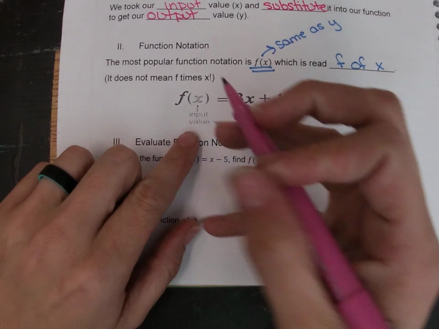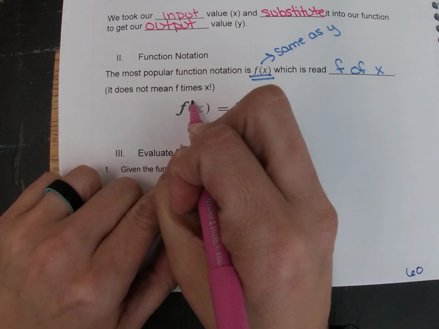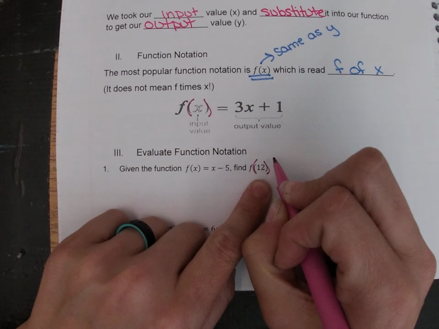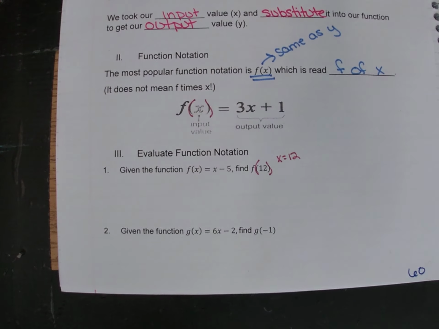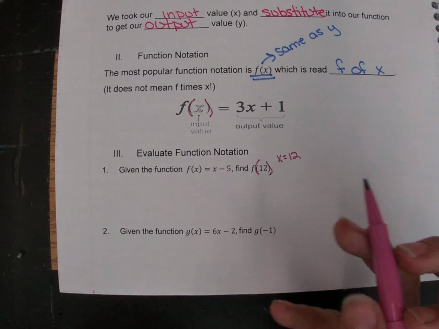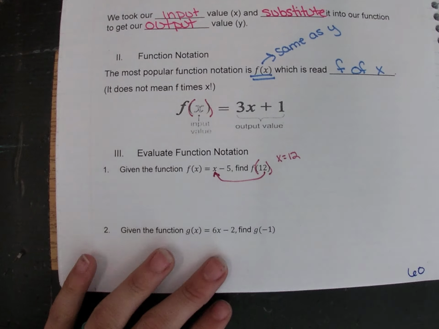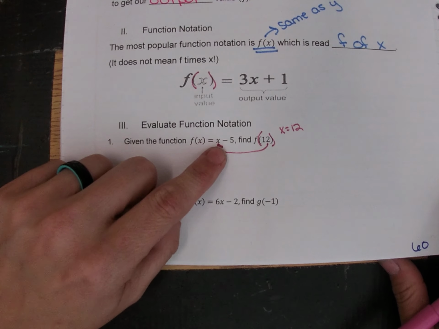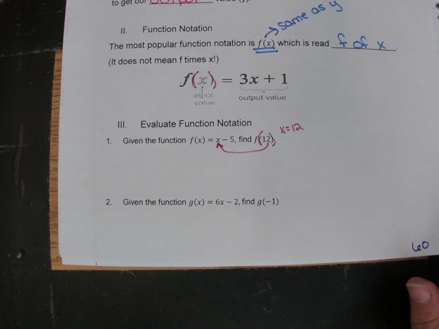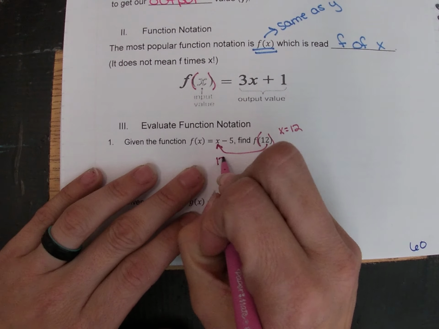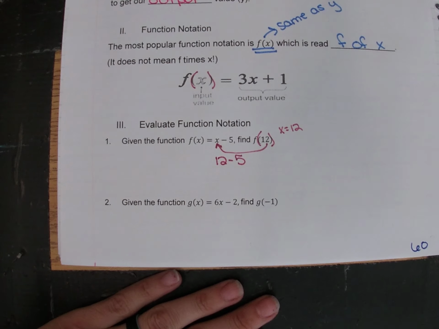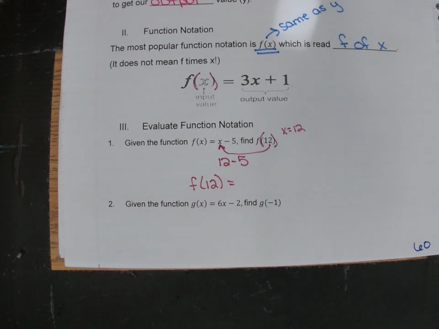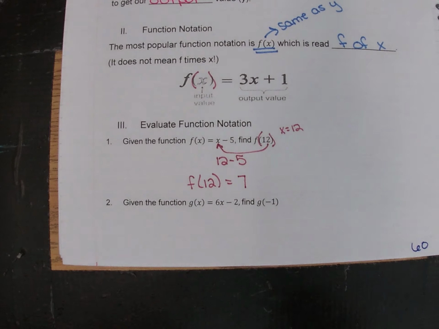The input value is what's sitting in those parentheses, so f of 12 is the same thing as saying x equals 12. We are going to substitute that 12 in for x. Now instead of saying x minus 5, we'll say 12 minus 5. That tells us that f of 12 equals 7.